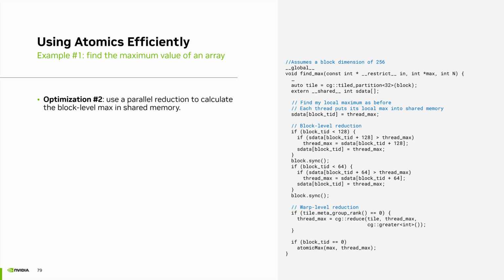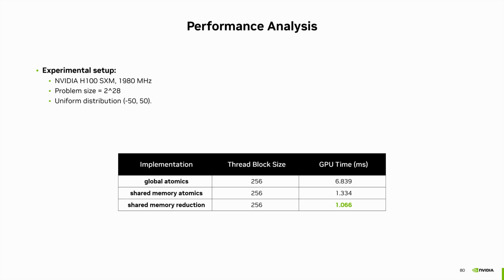You can ignore it for now. So we do a block level reduction of the max. At the final level, we do a warp level reduction because that is very efficient actually on GPUs. And then again, only one thread in the thread block does a global atomic, okay? So if we compare the performance of these 3 implementations, we see that shared memory atomics gives a huge boost. And then the shared memory reduction also gives an additional boost.